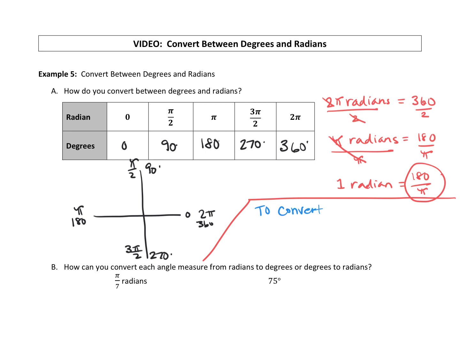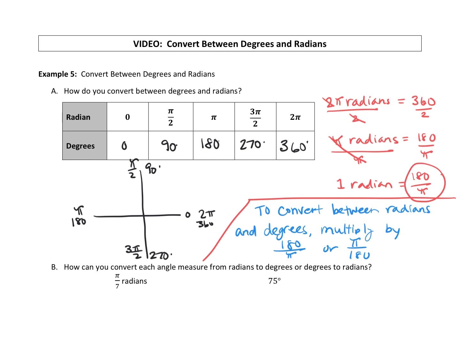But if it's not common and you have to convert yourself, to convert between radians and degrees, we multiply by 180 over pi or pi over 180. That's our conversion that we use. And that comes from this idea up here.